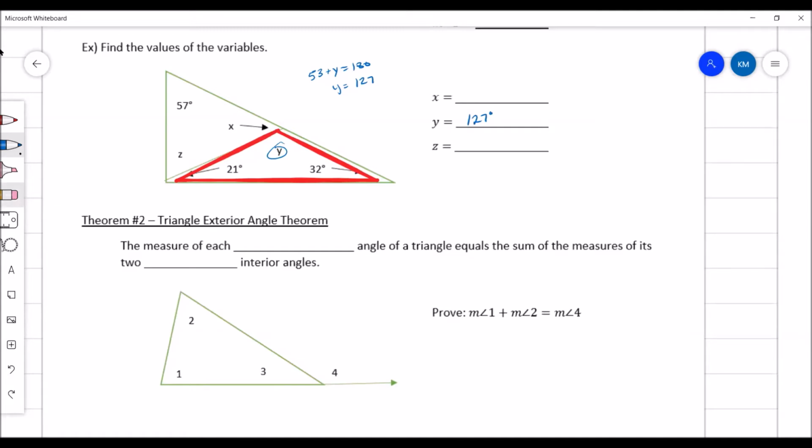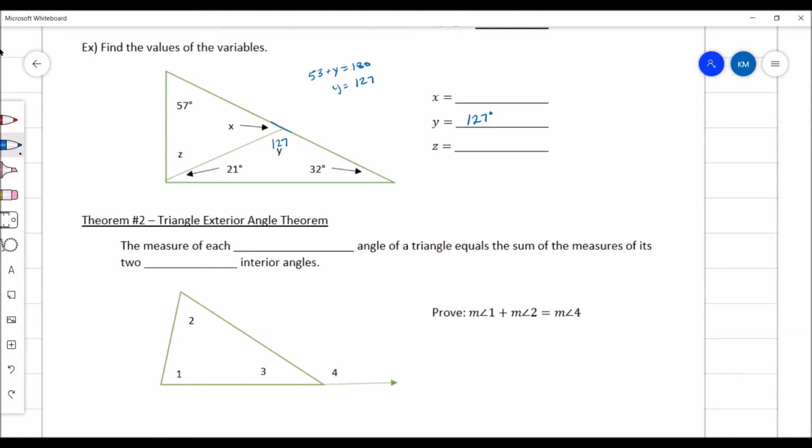All right, now we need to find x and z. And we're going to use some other information that we should know from our last couple sections. Since we know that y is 127 degrees here, with x, it's a linear pair. These two angles make up a straight line.